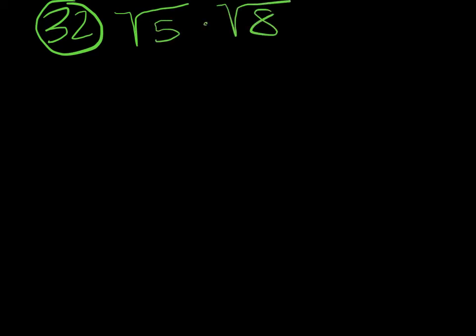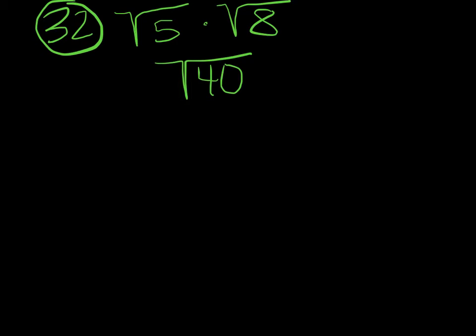Okay, let's take a look at 32. Now we're getting into the multiplication and division. And these are a lot easier because you don't have to do factoring. You don't have to have the same number under the radical. You can just multiply things that aren't alike. It's okay to multiply those. So I've got the square root of 5 times the square root of 8, which is the square root of 40.